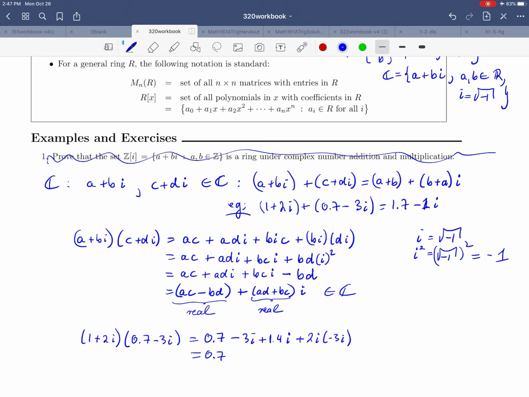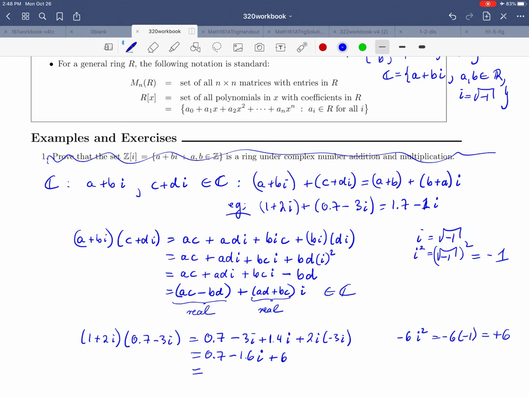So what is this? 0.7 and then minus 1.6i. And then 2 times minus 3, that's minus 6. But i squared is also minus 1, so that's a total of plus 6. Because I have minus 6 times i squared, which is minus 6 times minus 1, which is a total of plus 6.